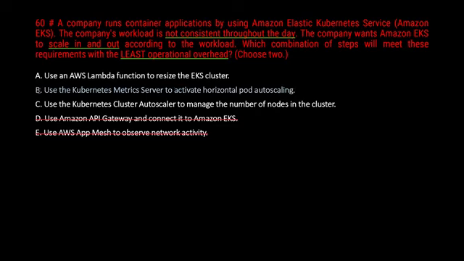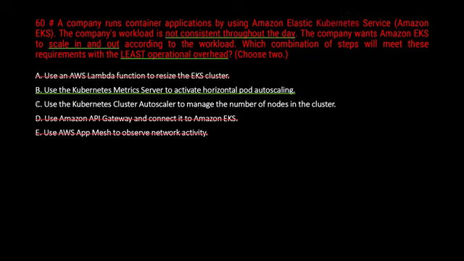This is a feature that you already have built into EKS, so let's use that instead of an external tool. Again, I just told you operational overhead means don't try to introduce any new tool. Instead, try to use the features available in the current tool, which will address the scale in and out.